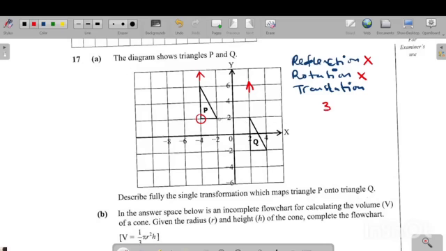Then 1, 2. So we've moved 2 downwards. When you are moving down, it means you're going to have negative. So the column vector is this one that we've established after translating this point here.